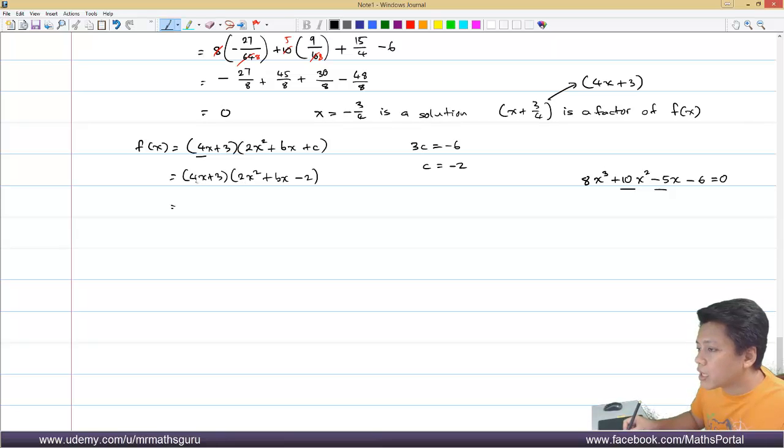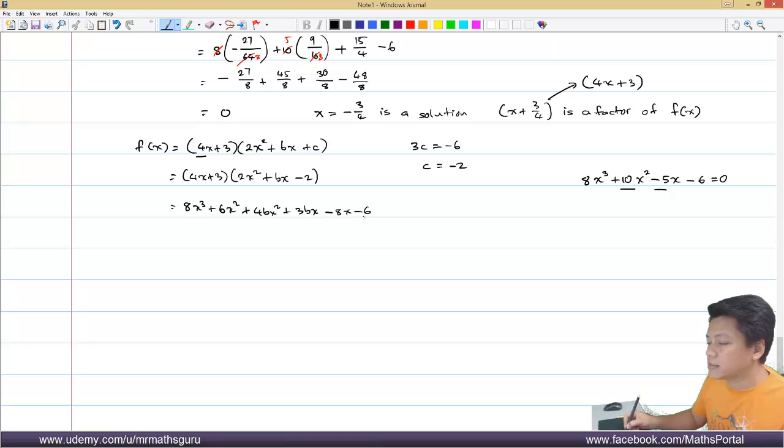So 2x squared times 4x plus 3, that is 8x cubed plus 6x squared. Okay, next, bx times 4x plus 3, that is 4bx squared plus 3bx. And then lastly, minus 2 times 4x plus 3, that is minus 8x minus 6.